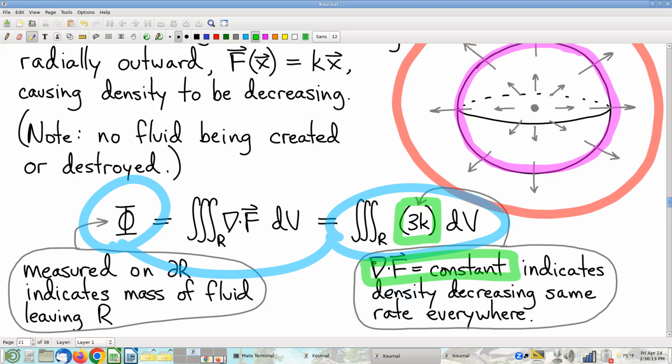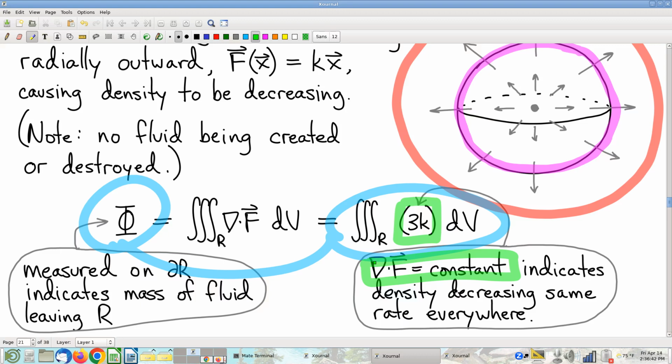Where has that mass come from? If there's less mass, then it's going to be less density throughout the thing. And this 3k here, this constant value of divergence, is telling you how fast the density is decreasing everywhere on the inside. And by virtue of it being constant, that tells you that the rate of decrease of the density inside of here is the same.